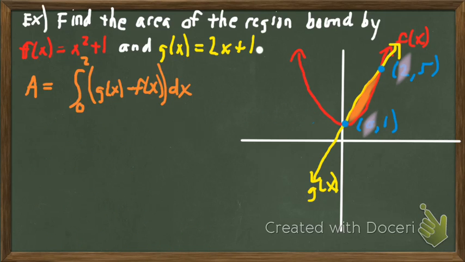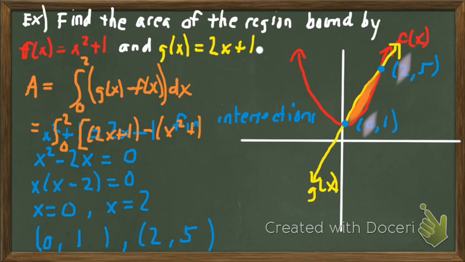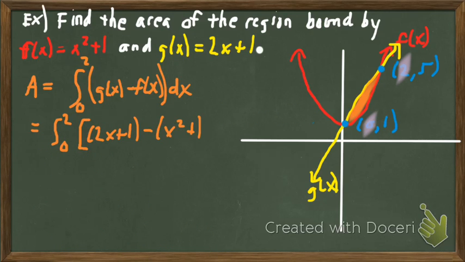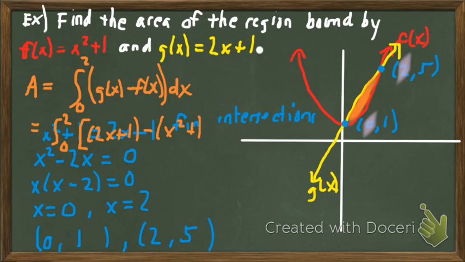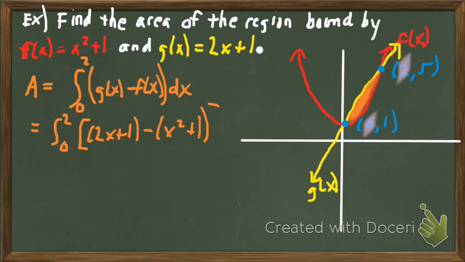All right, the rest is just simply using what we know about calculus, right? We're going to go ahead and make this the integral from 0 to 2 of, all right, now we're going to g of x minus f of x, so that's going to be 2x plus 1 minus (x squared plus 1), with respect to x.